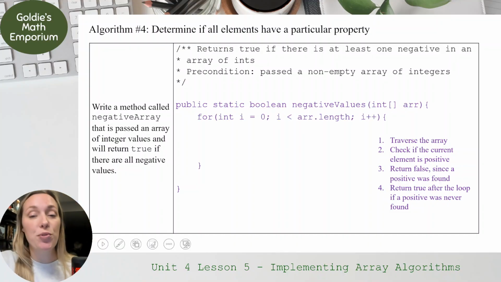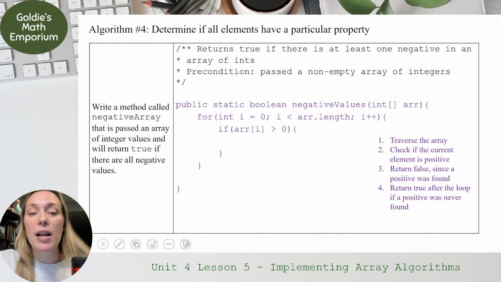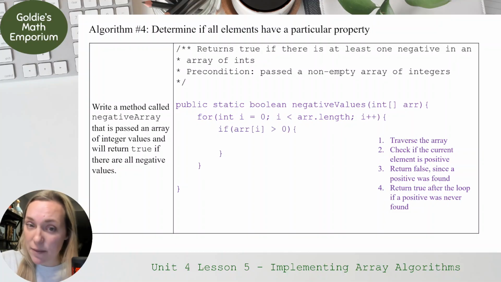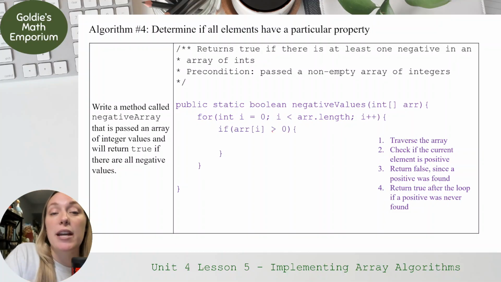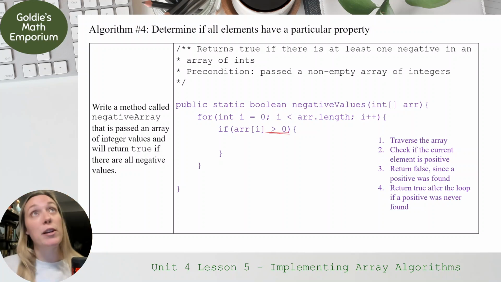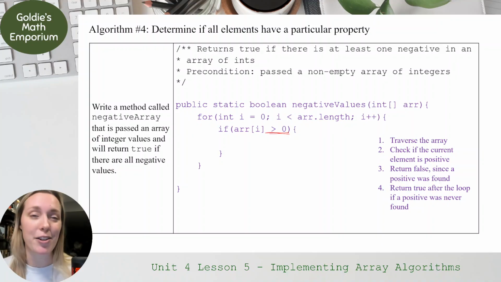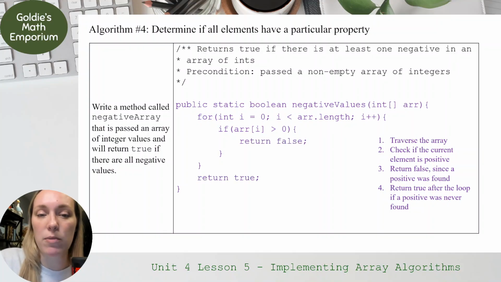We're going to traverse through the entire array. And if we find a positive, or I guess the way I have this written, if the current element is greater than 0. So I don't include 0 here, which means I'm not making 0 a positive number. Okay. The instructions that might be given on the AP exam or on your assessment that I write are going to be a little bit more clear about how you should handle 0 in those situations.